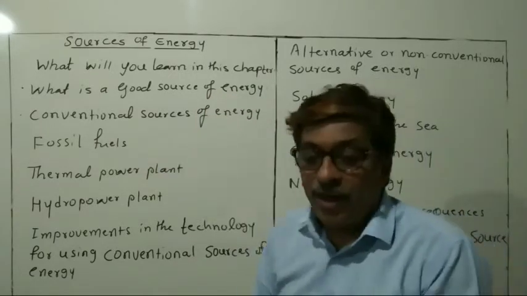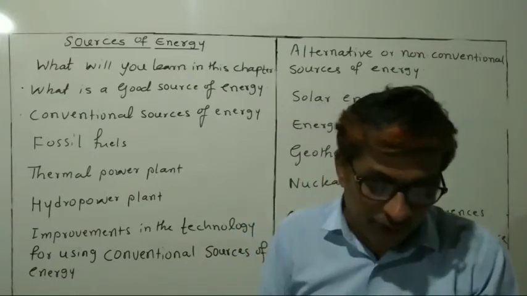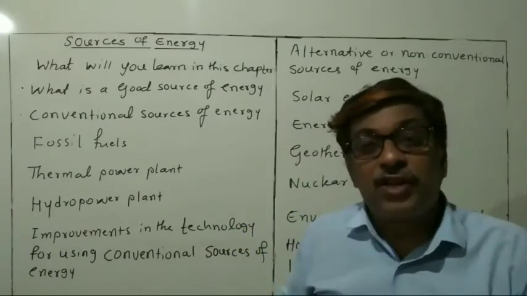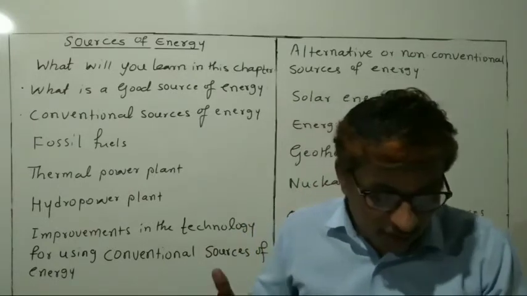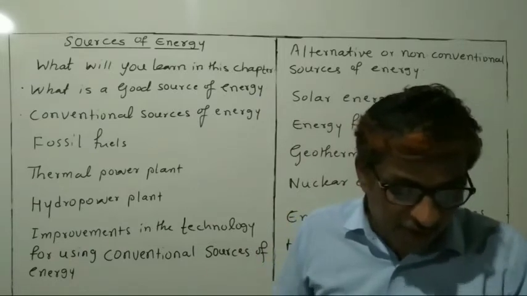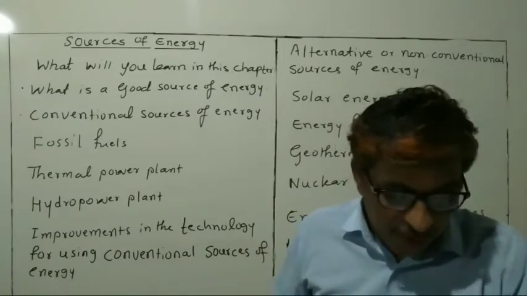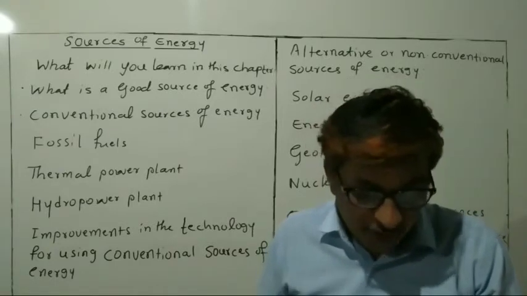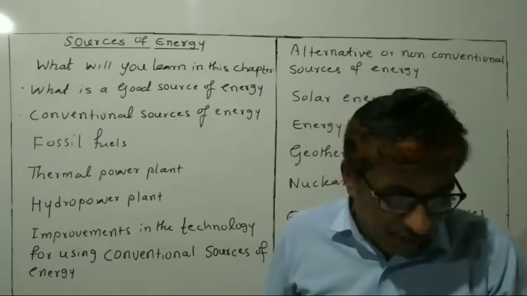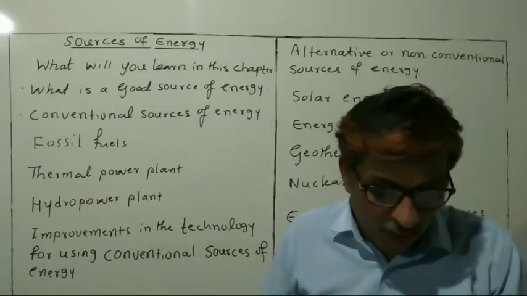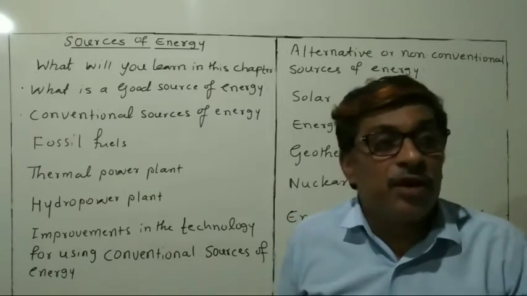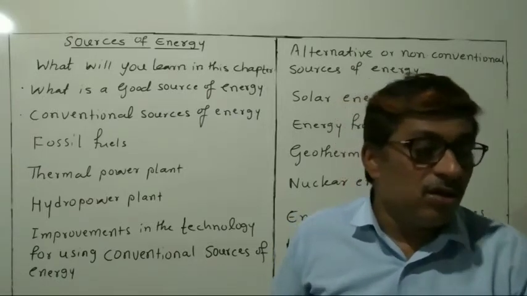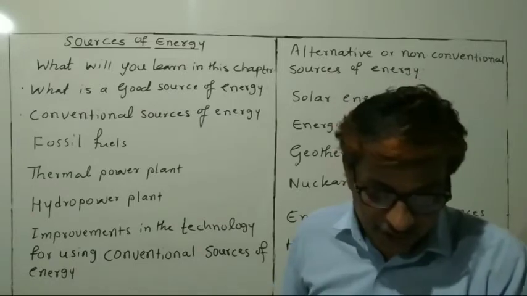Then what do you mean by conventional sources of energy? So conventional source means what? See, try to understand. The sources of energy which meet our major energy requirement are known as conventional sources of energy.